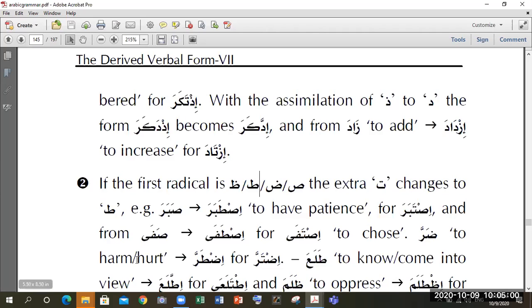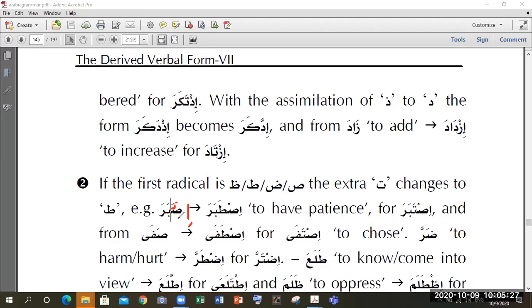And the example they have given is swabara, sabar karna, patience. When we put it into the pattern of if ta'ala, we have to add one alif in the beginning and one ta here after sod.